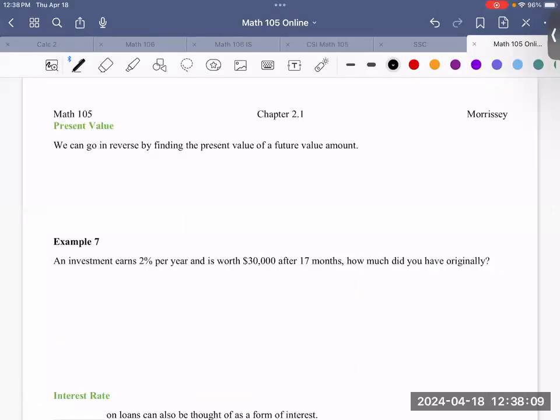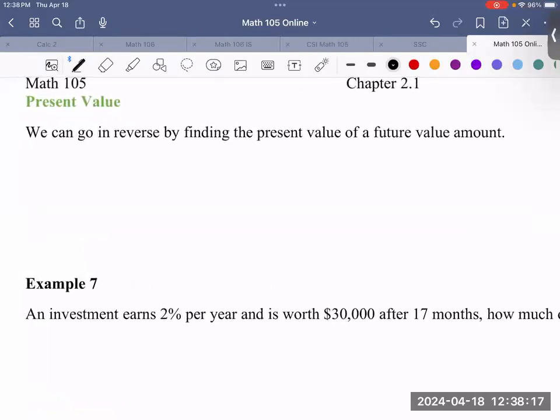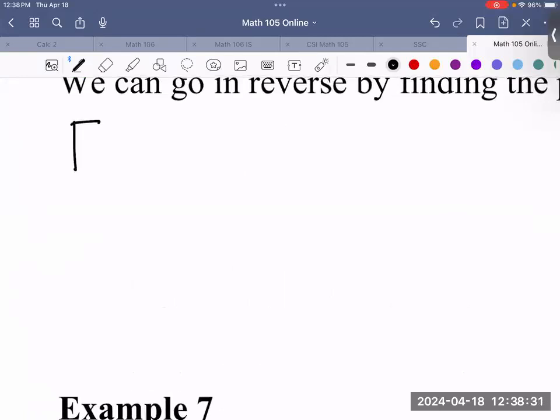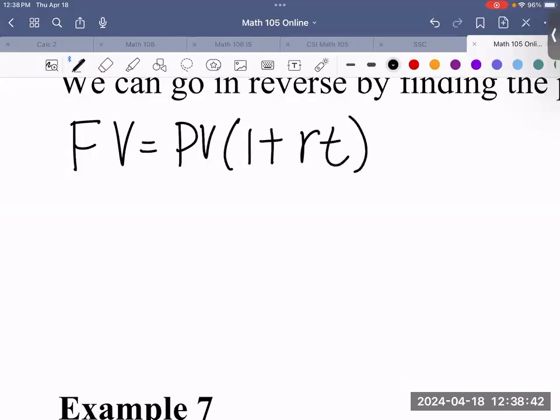Let's try it again. Now we've been working a lot with future value, so now we're going to try it with present value. So it says we can go in reverse by finding the present value of a future value amount. So in our case, I'll show you how to convert. Right now we have future value is equal to present value times 1 plus your rate times your time. So that's what we have seen quite often, but this is when we don't have your present value.